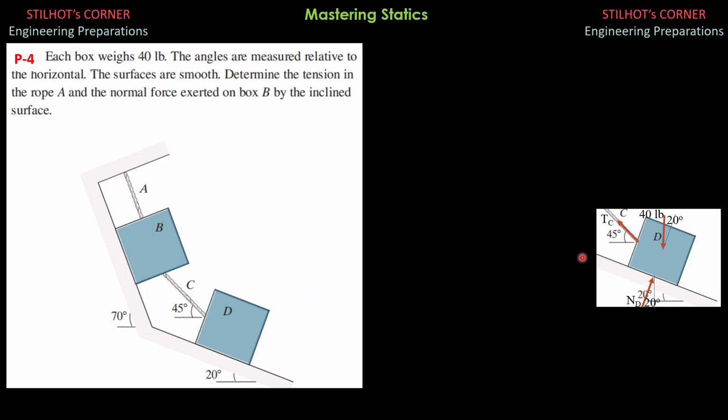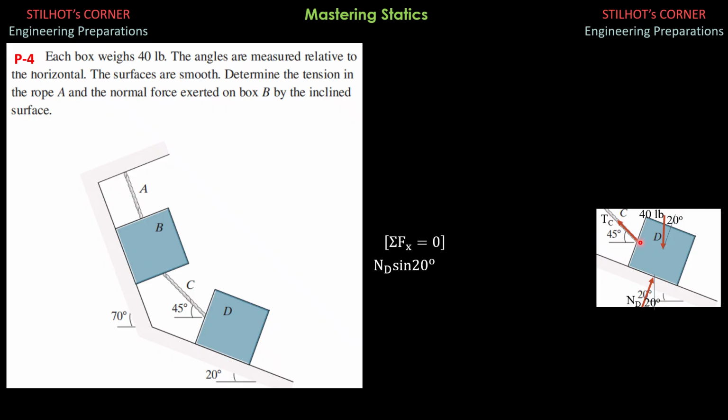So our equations would be summation of forces x equals 0 and summation of forces y equals 0. In this FBD, there are two unknowns, ND and T sub C. So summation of forces x equals 0. The horizontal component of ND is to the right and it is opposite of 20, so it is ND sine of 20 degrees.